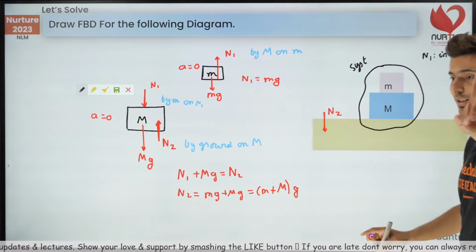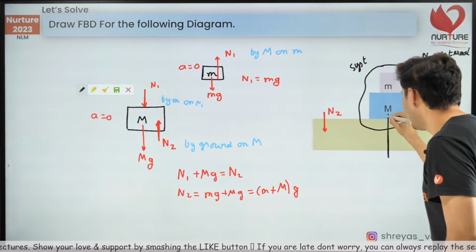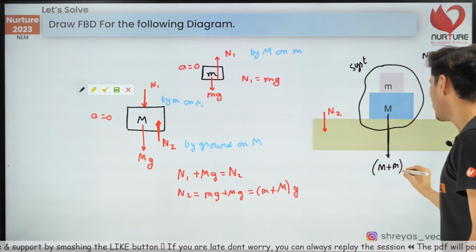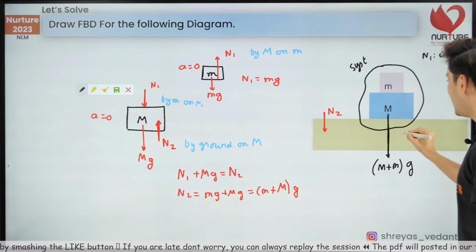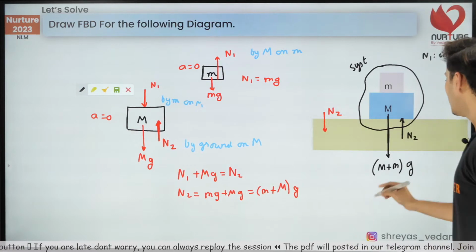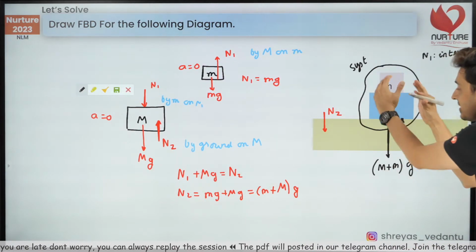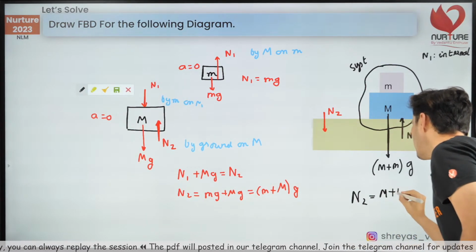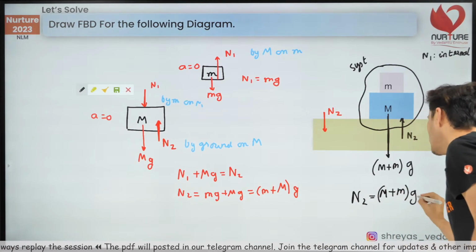The only external forces will be the total weight, which is (M plus m), the total mass, into g, and there will be a normal from here, and that's obviously N2. From this system also I will get N2 equal to (M plus small m) into g.